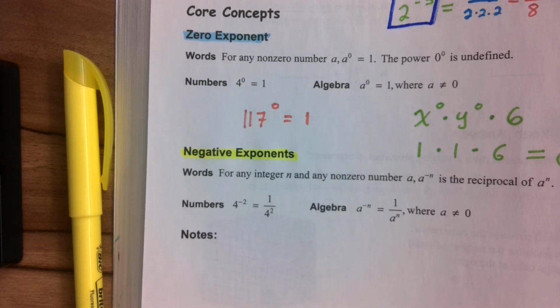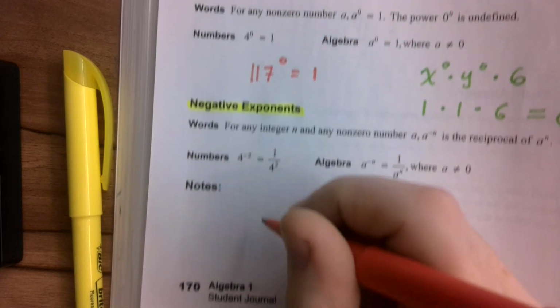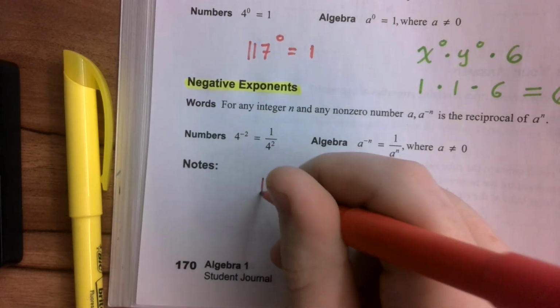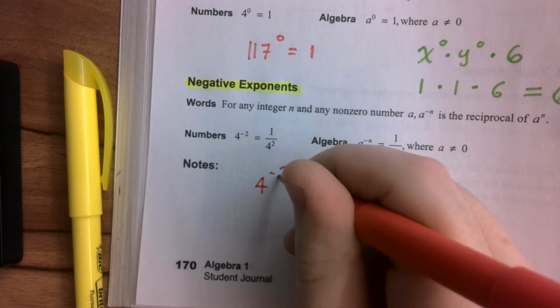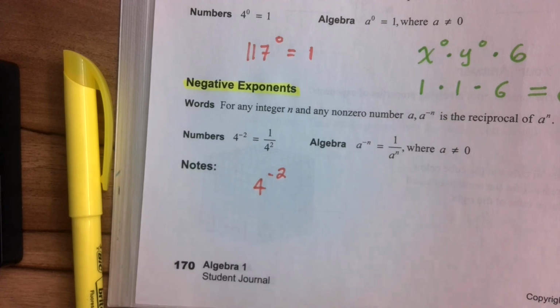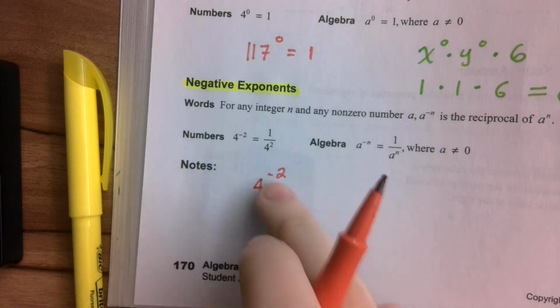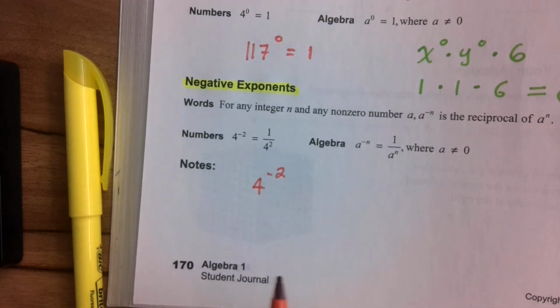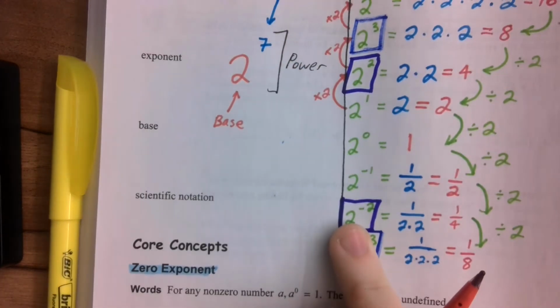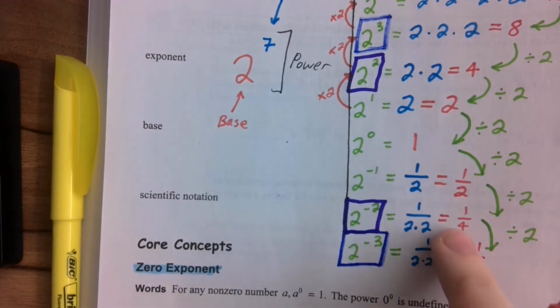Here's the rule. Let's say we have 4 to the negative second power in our numerator. Remember that if we wanted to, we could put this as a fraction over 1. We don't like 4 to the negative second power. But what we've learned is, for instance, 2 to the negative second power is just 1 over 2 to the second power.